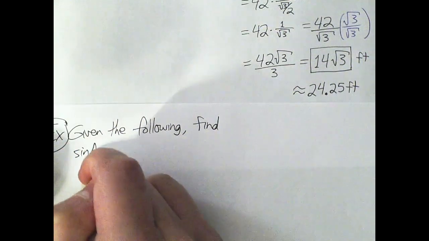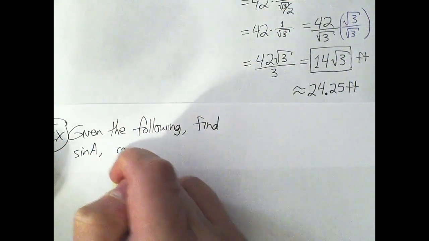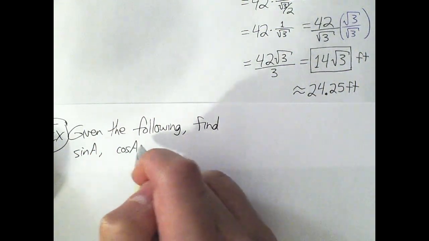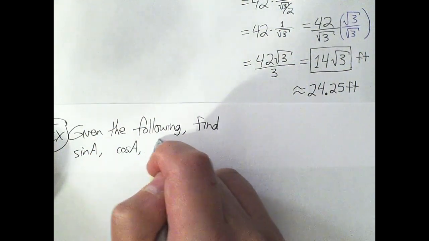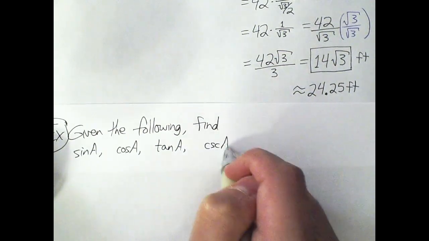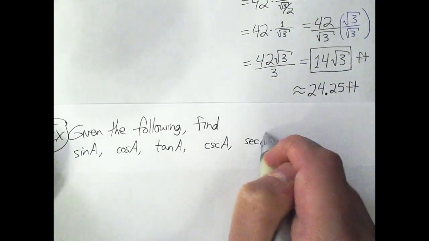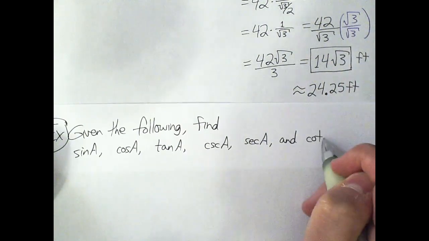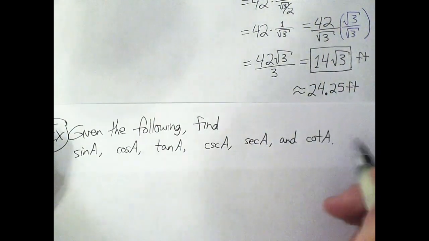You're going to be given a picture. Sine A, cosine A. So the angle here looks like it is not called theta. Tangent A, cosecant A, secant A, and cotangent A. Wait till I draw the picture, and I have something I want to say about it.